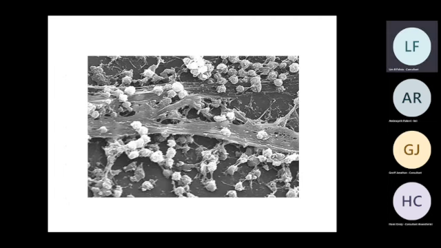So this is a picture of Pseudomonas on a biofilm. A biofilm is lots of polysaccharides, proteins, lipids, DNA material, all caught up in an extracellular matrix, really, and Pseudomonas then forms a layer on it.